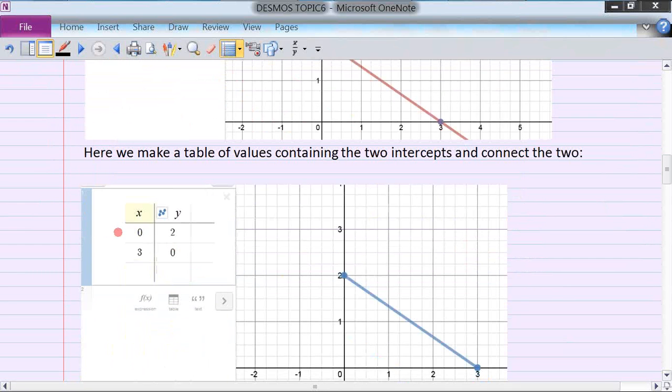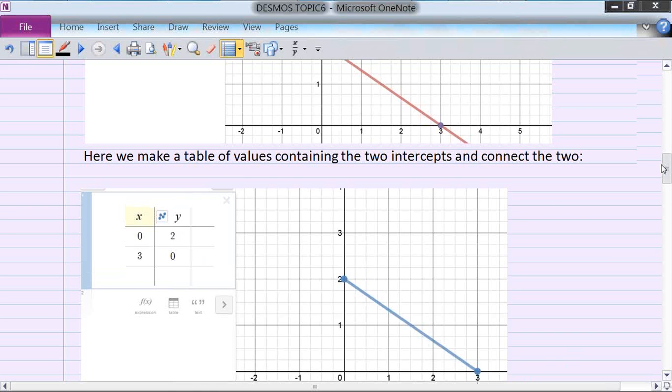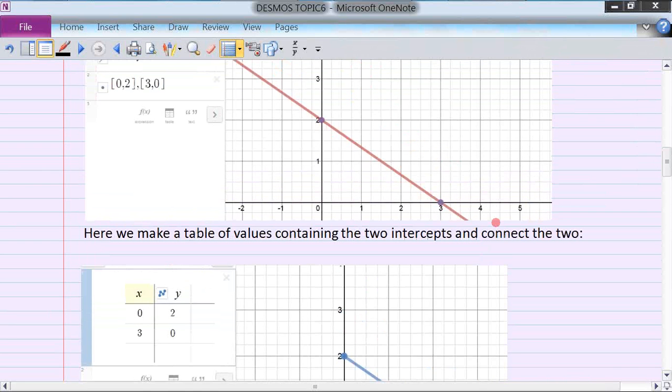Now the proper way to do it is to put the 0, 2, the y-intercept, right over here, and then the x-intercept, which is over here, and then click on this line to join the points, and you can see that this line here is the same as this line over here.